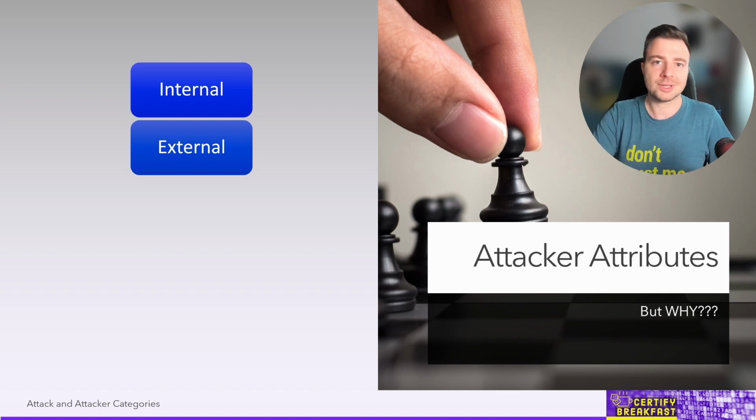Now, on the other hand, we also have internal attackers, and internal attackers, also known as insider threats, are actually even more dangerous than external ones, because an internal attacker is basically somebody who already has access, already has some level of privileges inside your network and decides one day to do some nasty stuff.